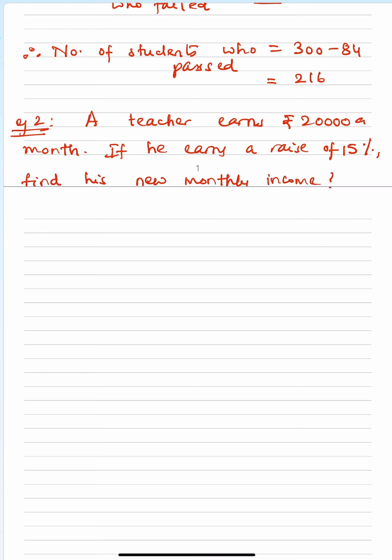Okay. Now see, the teacher earns 20,000 a month. This is the first part. He earns a raise of 15 percentage. So the raise is 15 percentage. We have to find the monthly income.